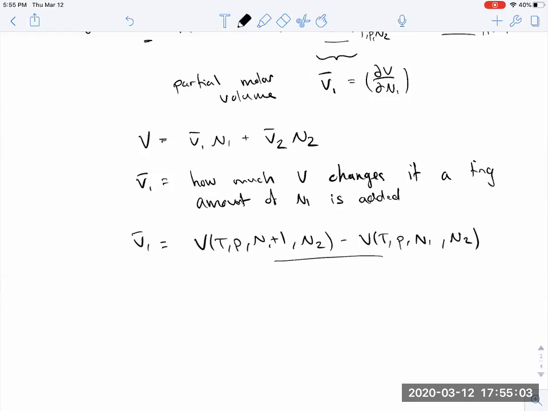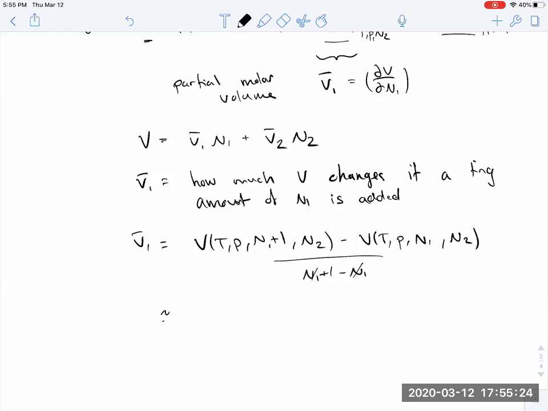This is in principle divided by some dN1, but that's just N1 plus 1 minus N1, which is just 1. So it really is the change in the volume divided by 1, so it's really just a change in the volume as I add 1 molecule to the system.